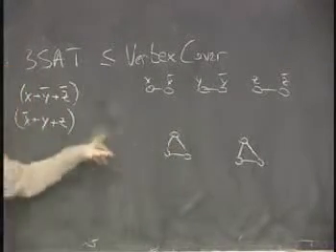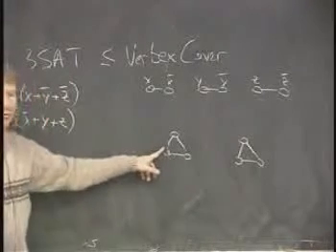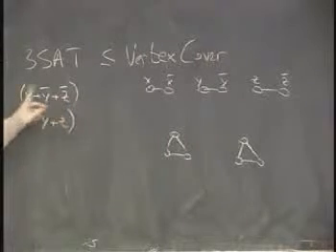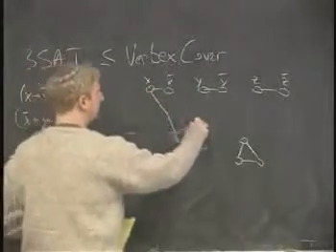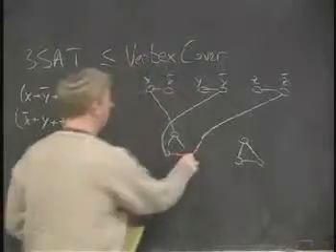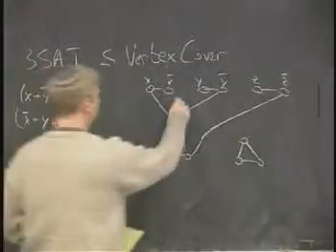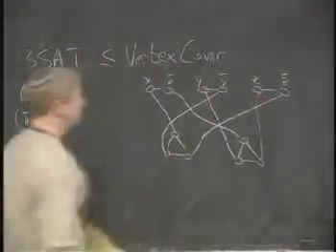Each of these triangles represents one of these clauses. So we're going to take every node, 1, 2, and 3, and connect it to the variables that make up the clause, namely x, y bar, and z bar. So it looks like this. X, y bar, z bar. And the same with the other one, x bar, y, and z.